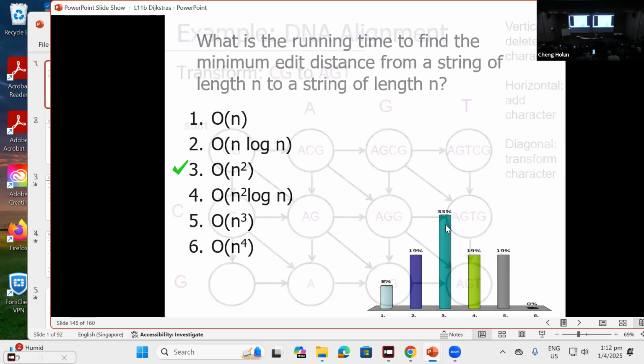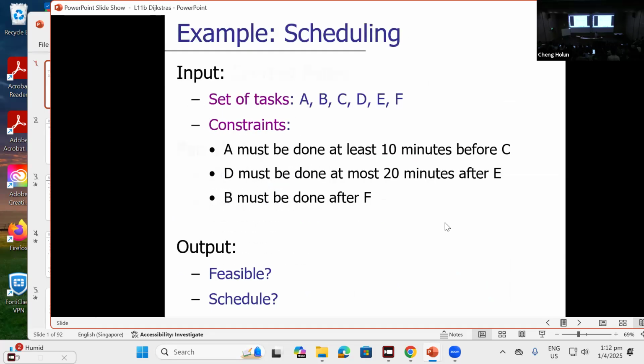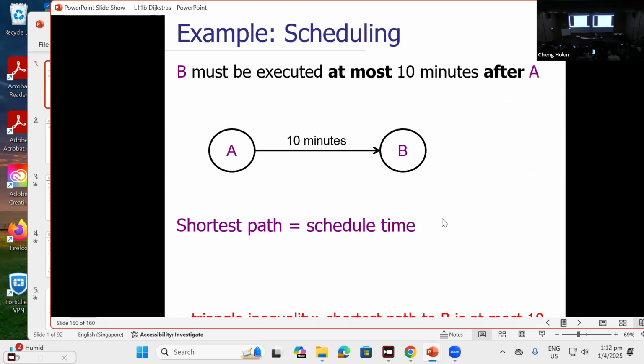The other one is called the scheduling problem. This one is harder, so I will delay it until after our topological sort, because it will be more meaningful then.